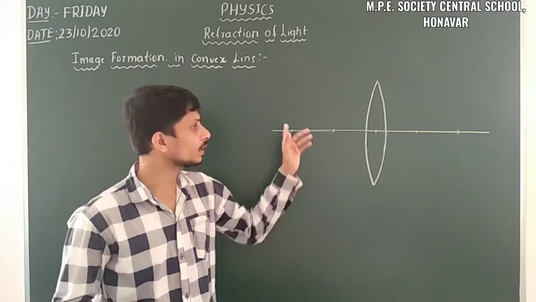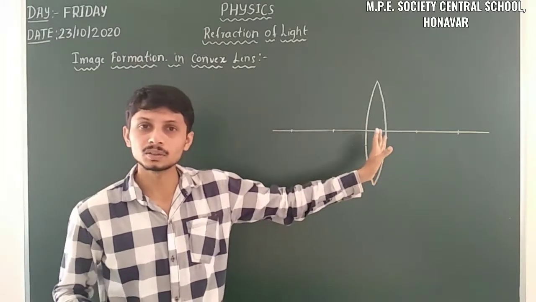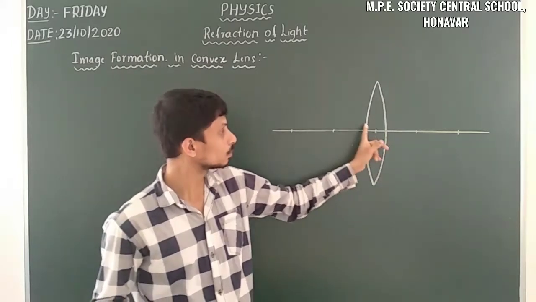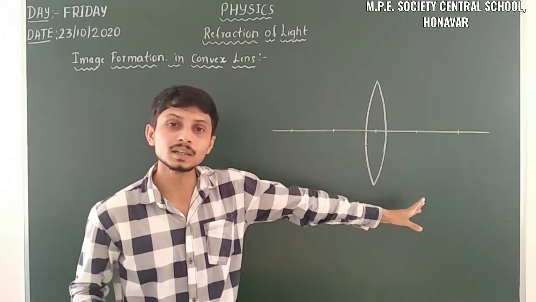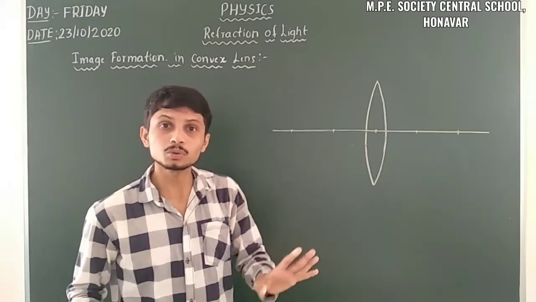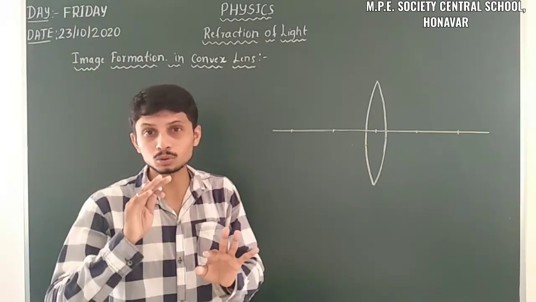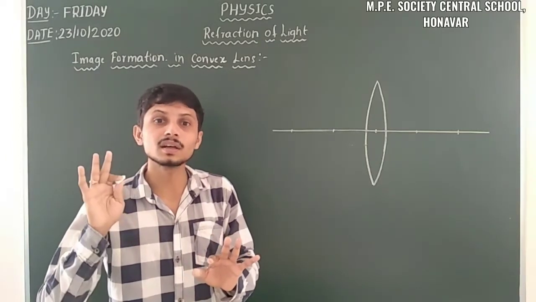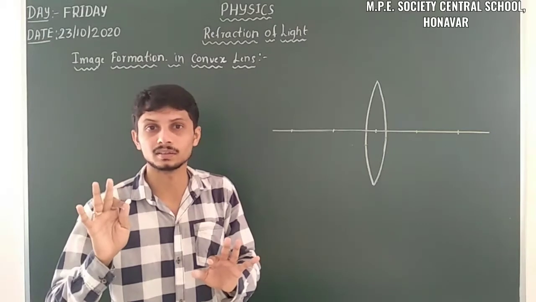Here it is simple: one ray you have to take parallel to the principal axis. Another ray we can easily pass through the optic center of the lens. So let us use those two ray behaviors and get the image formation here.